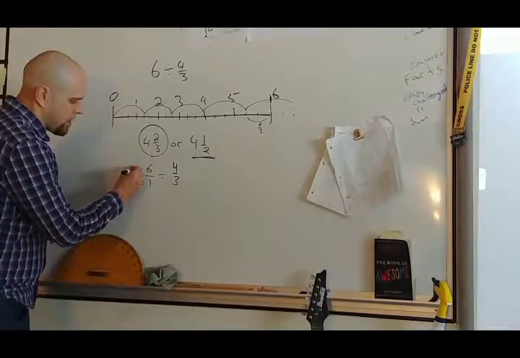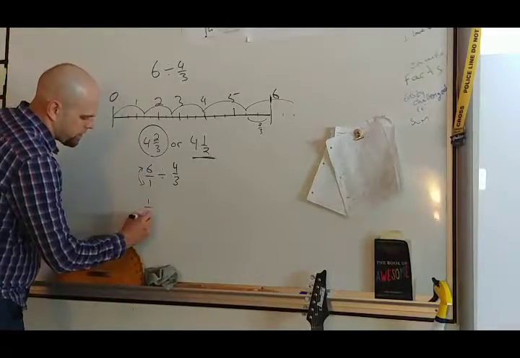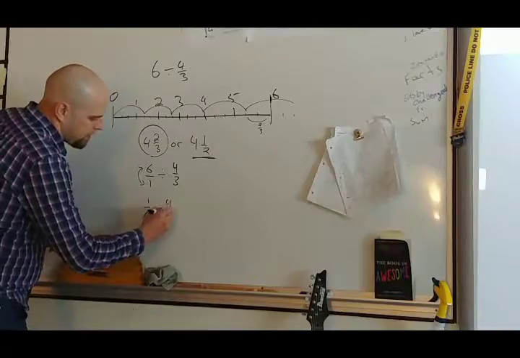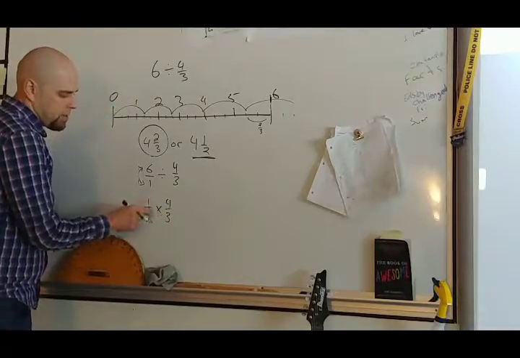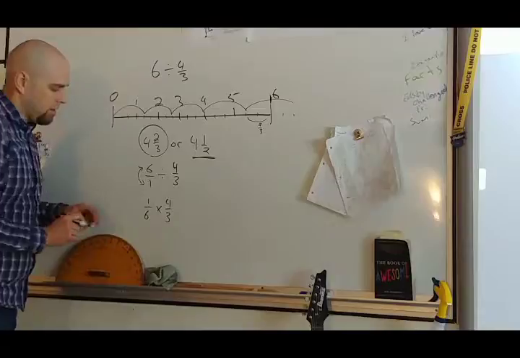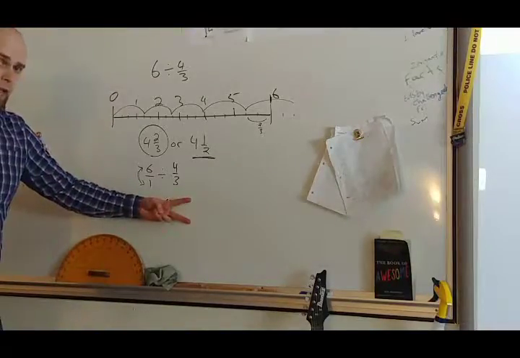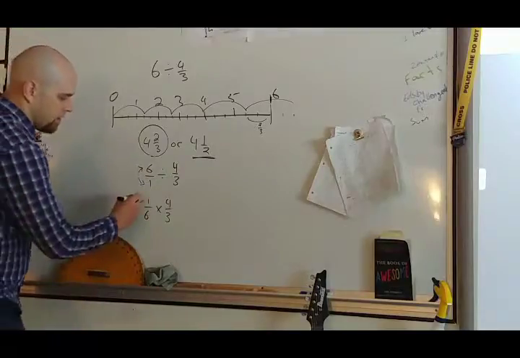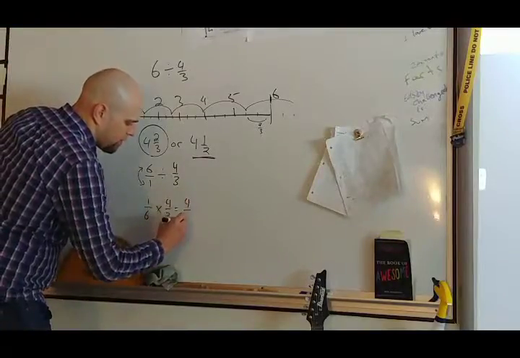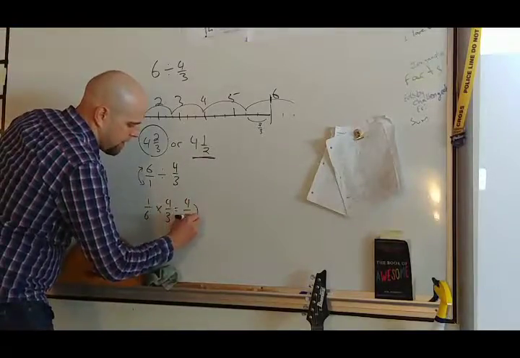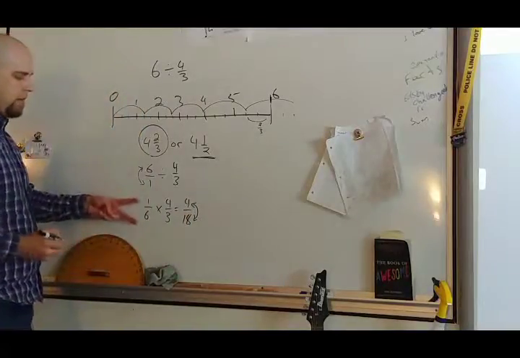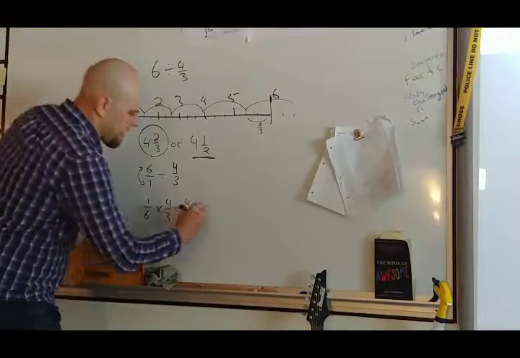I'm going to flip this number to 1 over 6. And now, because I'm doing the opposite, I have also flipped the symbol to the opposite. I'm going to flip, multiply, get an answer, and flip back. 1 times 4 is 4. 3 times 6 is 18. I flipped, I multiplied, I flipped back.